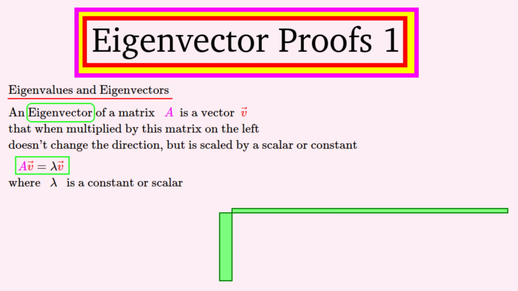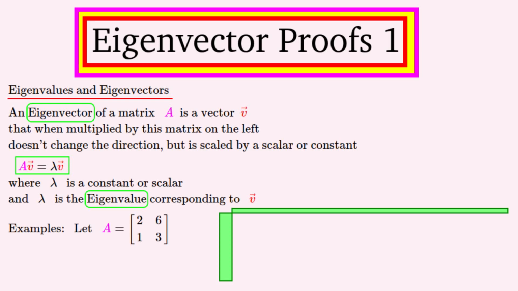This scalar called lambda is the eigenvalue corresponding to this eigenvector. It must be noted that most vectors aren't eigenvectors, and so don't have a corresponding eigenvalue lambda that does this. So lambda is the eigenvalue corresponding to the eigenvector v, or we could say that they correspond to each other.